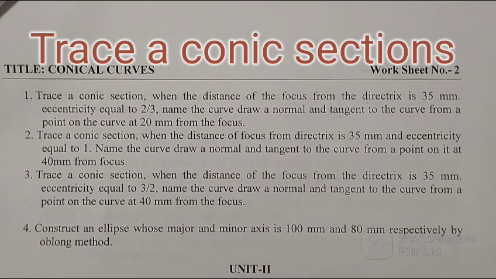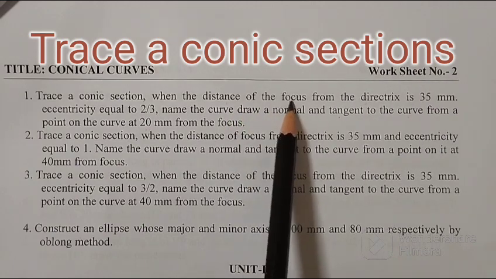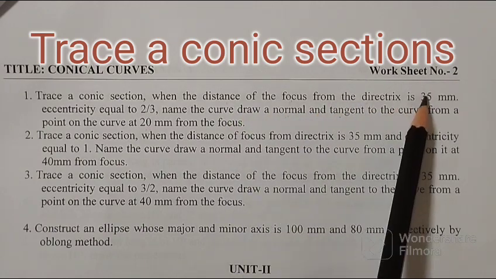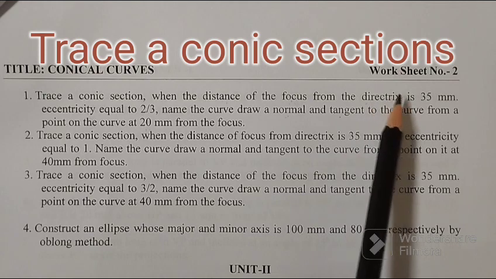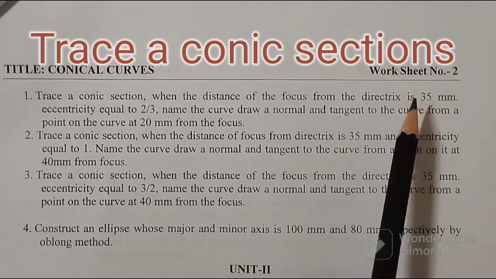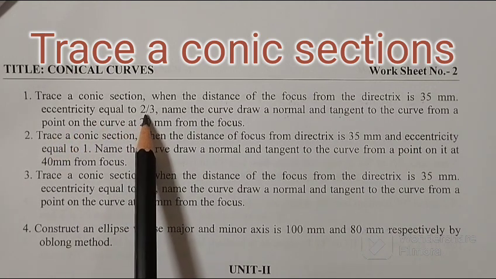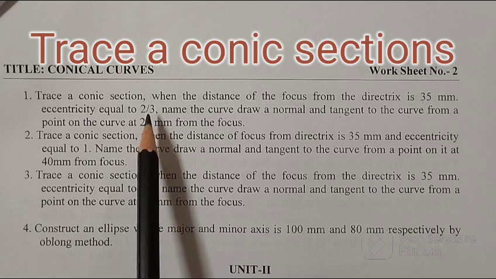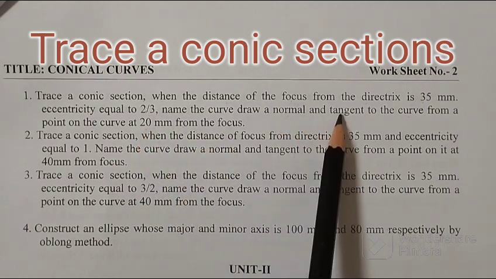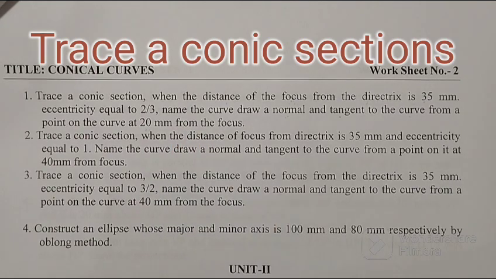So the question, read again: the distance of the focus from the directrix is 35 mm. So F is at a distance of 35 mm from the directrix. Eccentricity value E is equal to 2/3, and normal and tangent at a distance of 20 mm from the focus.